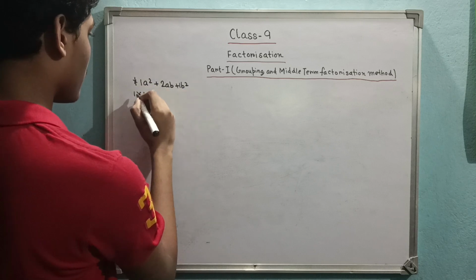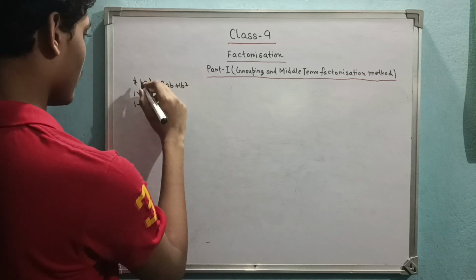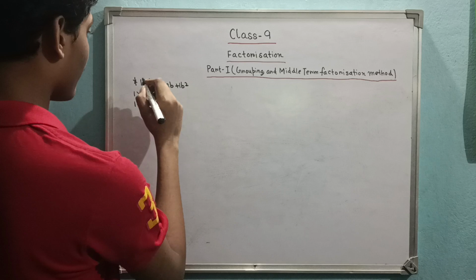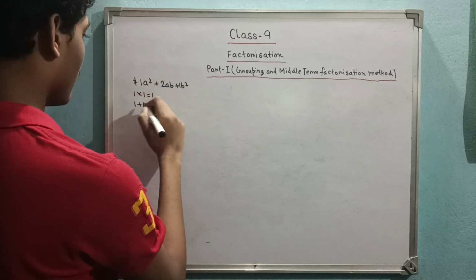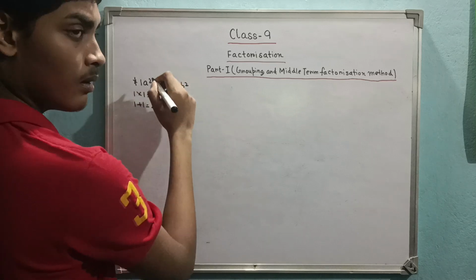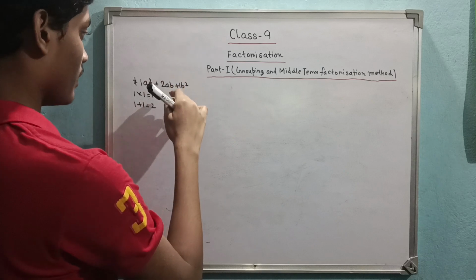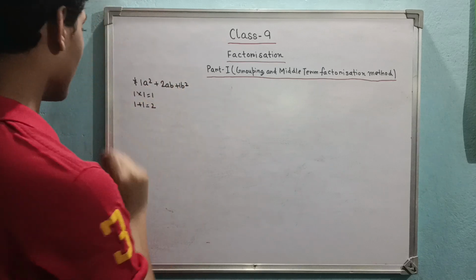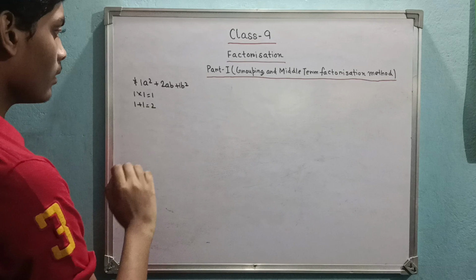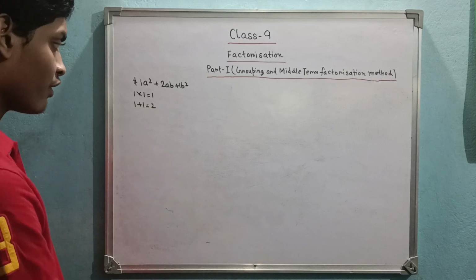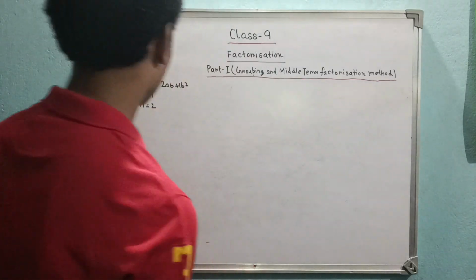See, this is the product of the coefficients of a square and b square, and the sum of the coefficients is 2, which is the coefficient of ab, the middle term. So this is justified. Keep this in mind. This will help us in solving the equations. Let us see how.